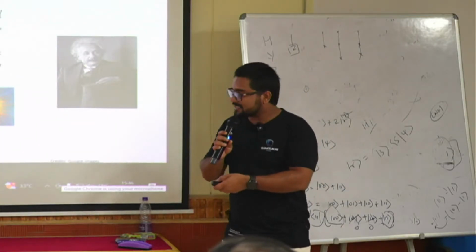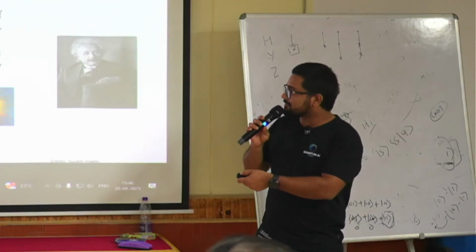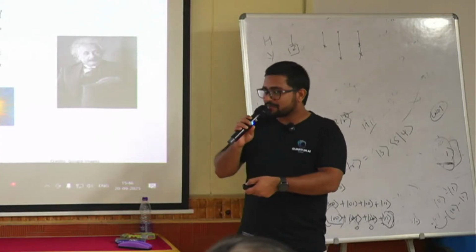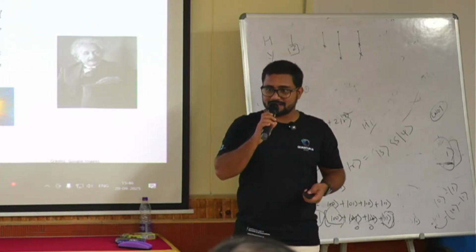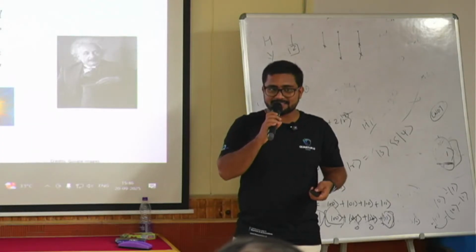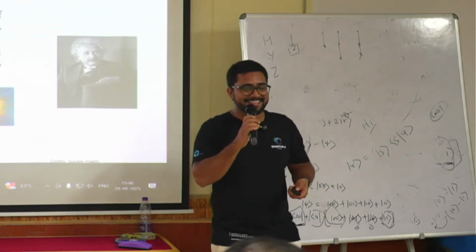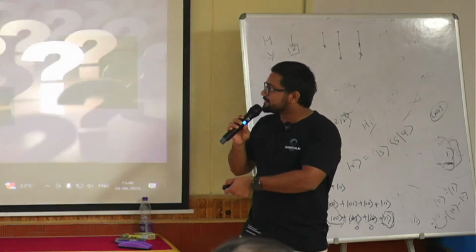After experiments were done, through the efforts of John Bell and Bohm, they proved that Einstein was wrong and quantum mechanics was correct, and our existence is not real, right? And a Nobel Prize was even awarded.